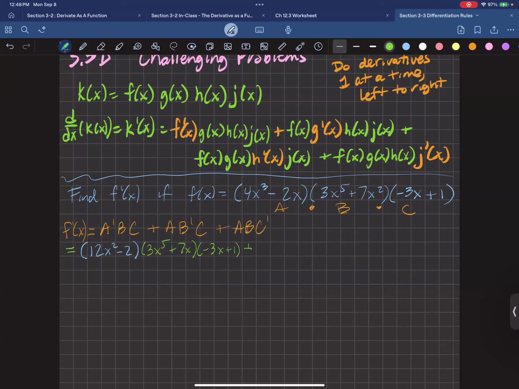And then we leave the first alone. Take the derivative of the second one, which is 15x to the 4th plus 14x. And then we still have the third one there that we leave alone.